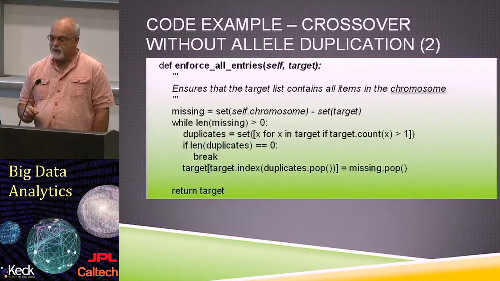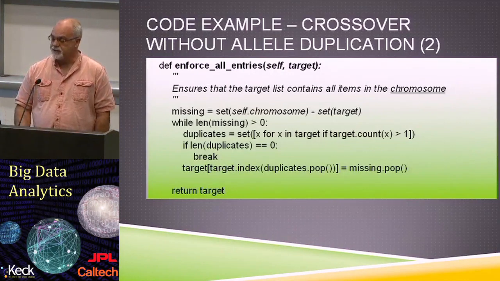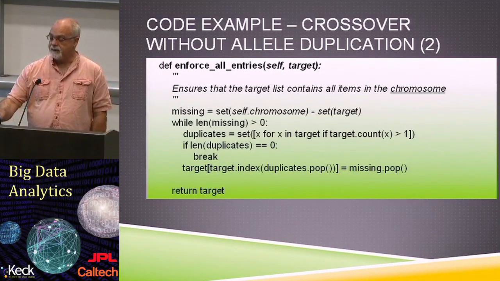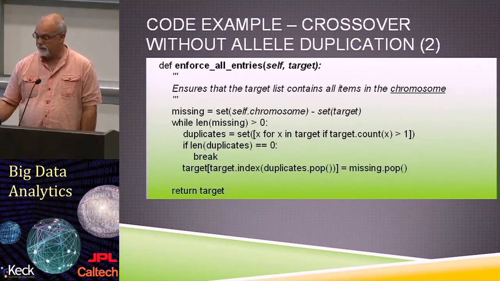This little piece of code just shows you how this is done in Python. So we're seeing here some nice elements in the Python where you can look at this set function, which allows you to look whether the chromosome which you've generated and the set of alleles in that chromosome and the set of alleles in the target, if there's anything missing. That's a convenient way of dealing with this problem.